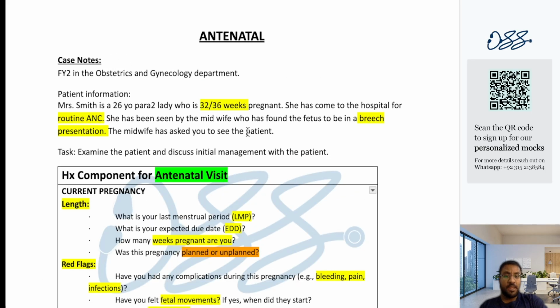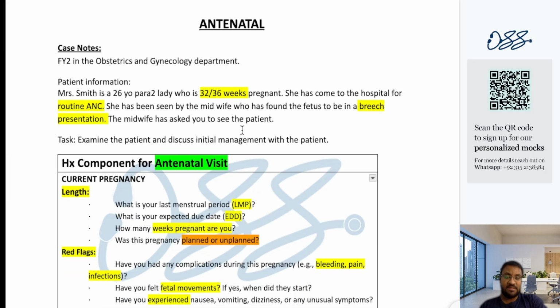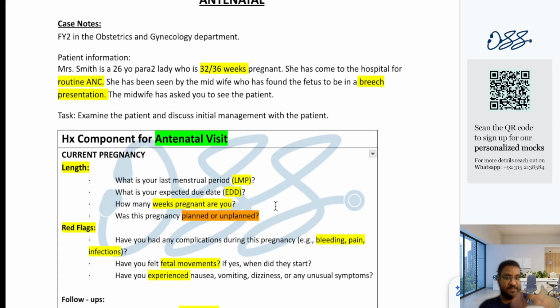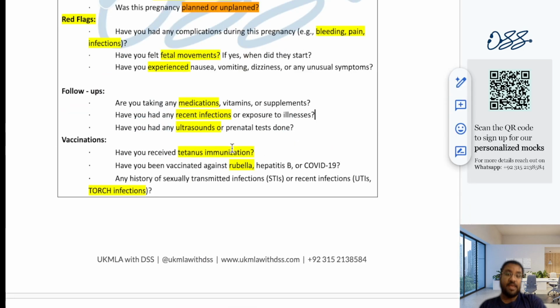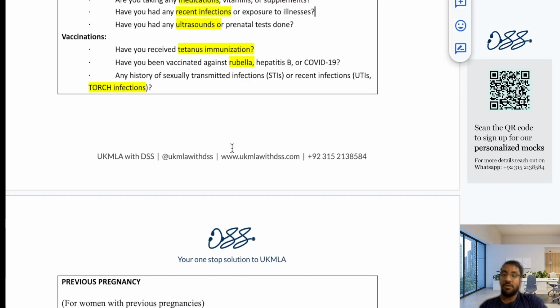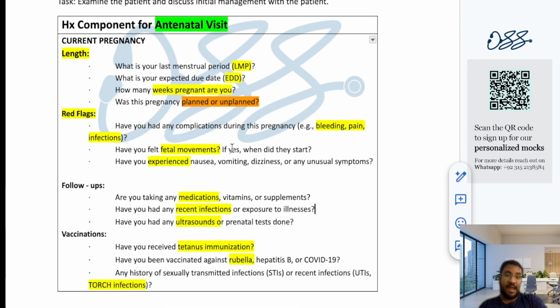Okay, so preeclampsia can be one case in which you have to use this information, and in a routine ANC checkup, you definitely have to use this piece of information, and in the breech presentation, you have to use this information. And one more thing, it can be a pure reading session as well. It can be a combined session as well. So you got to make sure that you have studied the steps of the antenatal examination.